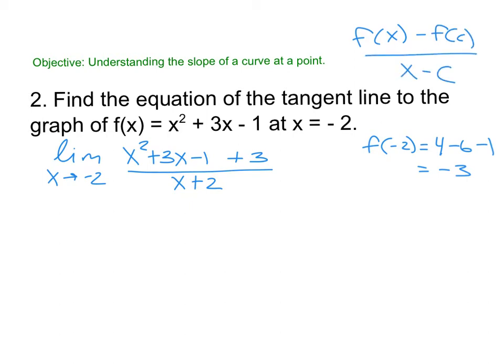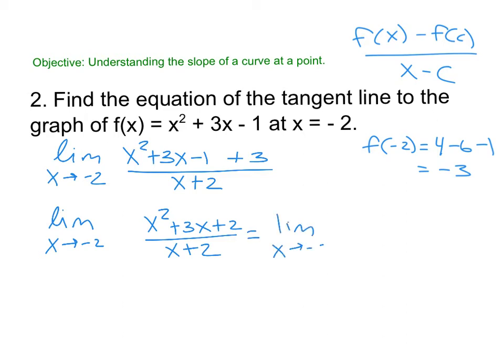And we've done this, right? This shouldn't be anything shocking to you. So we got the limit as x approaches -2 of x squared plus 3x plus 2 over x plus 2. Now if we try to plug in -2, we get 0 over 0. So we're going to factor: x plus 1 times x plus 2 over x plus 2.